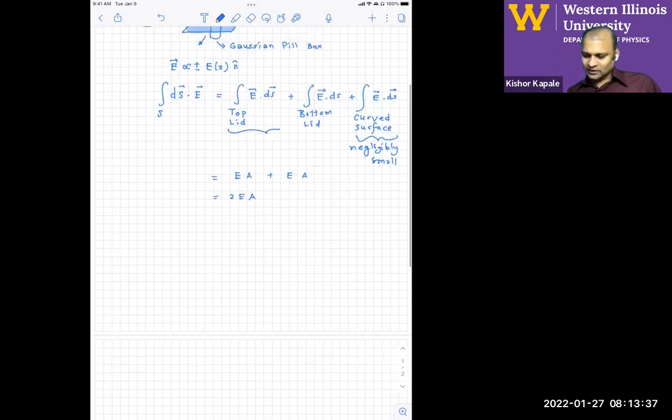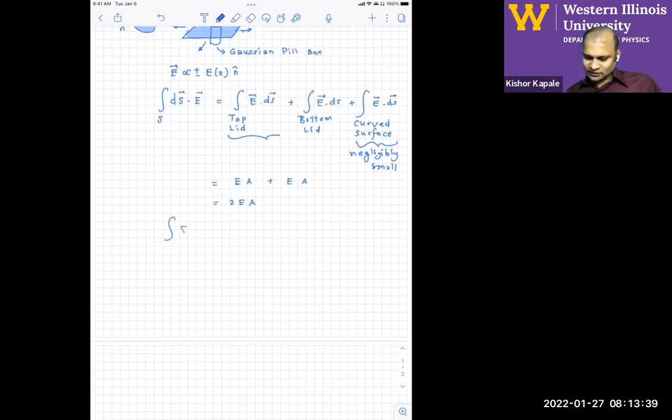And then the volume integral, which is the d cubed r of the divergence of E over that volume, the whole volume, I'm just going to directly give you because we can use the Maxwell's relation. And so this is just going to be sigma times A, right?